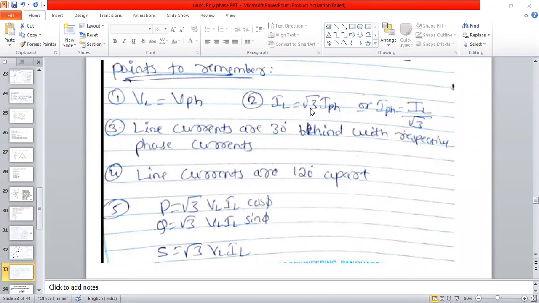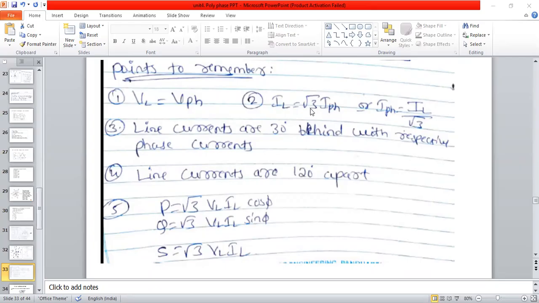Yes, sir. Next one. Line currents are 30 degree behind the respective phase current.